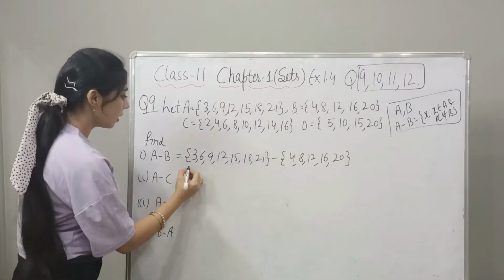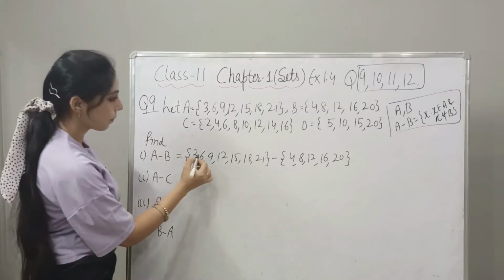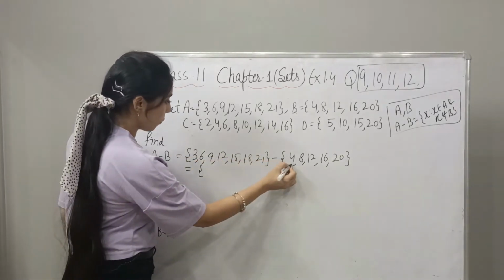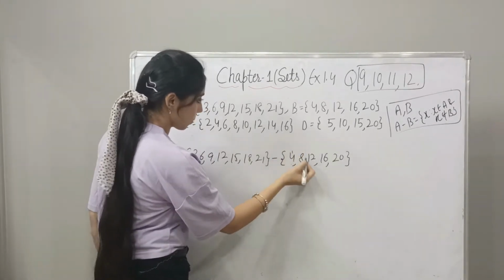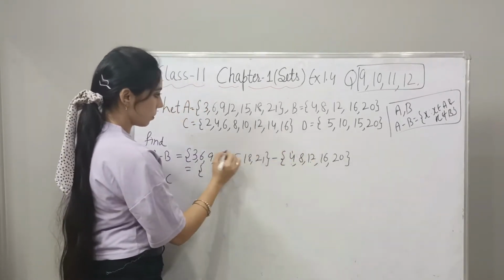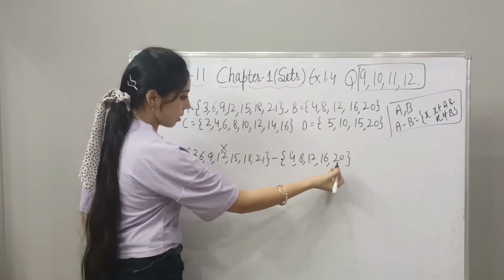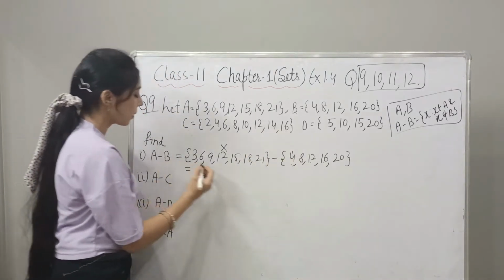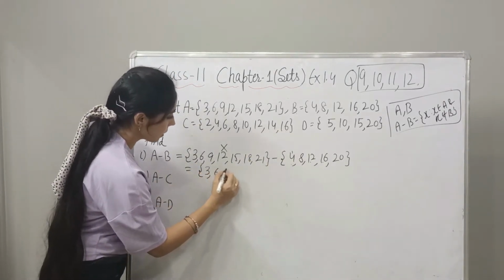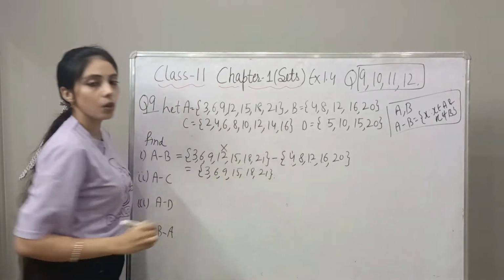In the difference we have those elements which are in A but not in B. So 4 is not in A, 8 is also not here, 12 we will discard, 16 is not a multiple of 3 and 20 is also not a multiple of 3. So A difference B will be 3, 6, 9, 15, 18 and 21.